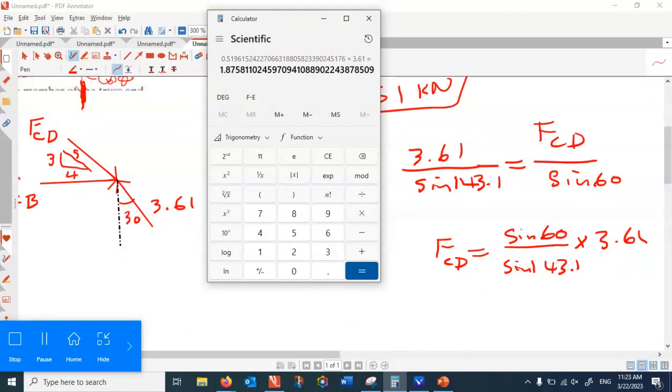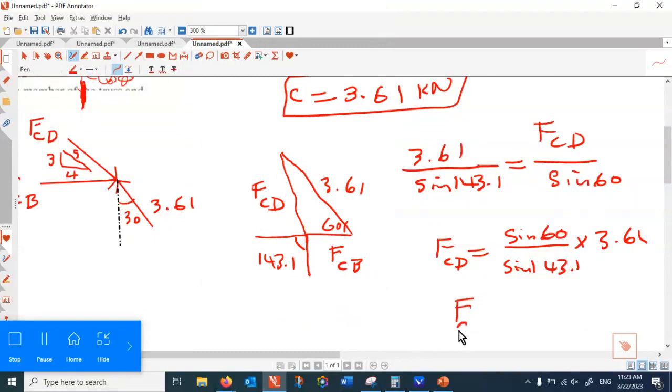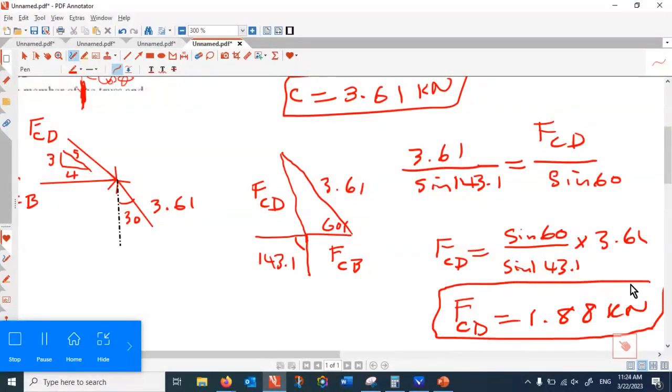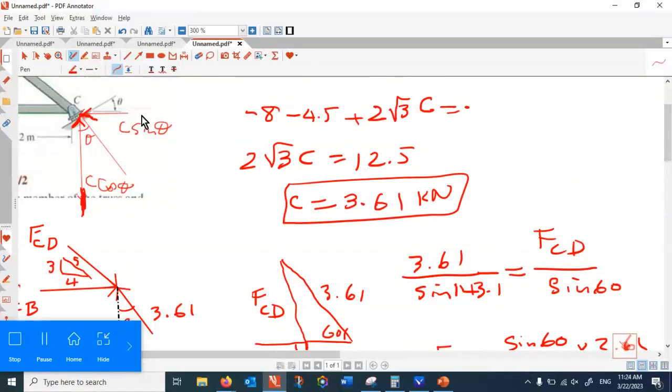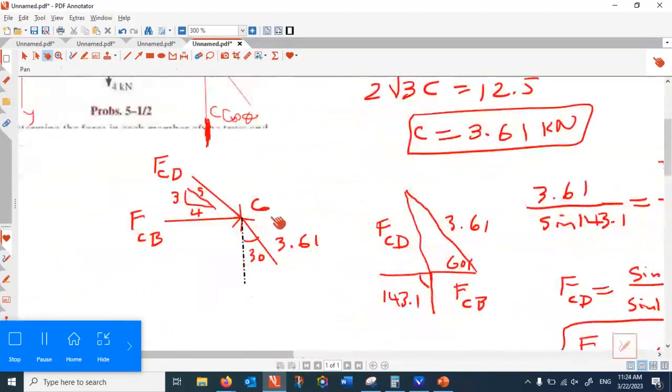Yes, let me write this one. All right, I applied method of joint at point C, and then we calculated the reaction. The reaction was 3.61.